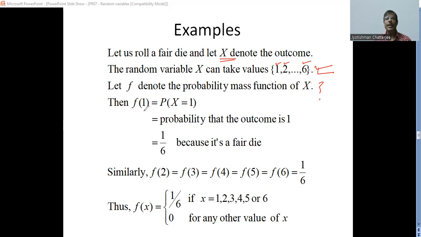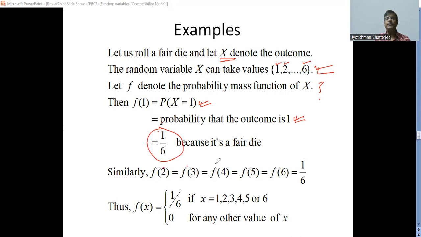How much is f1? f1 is equal to the probability of the event capital X equal to 1. That means the probability that the outcome is 1, and as each outcome of the die is equally likely, we get this probability equal to 1 by 6.